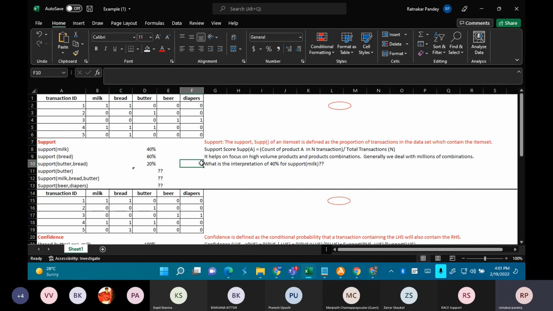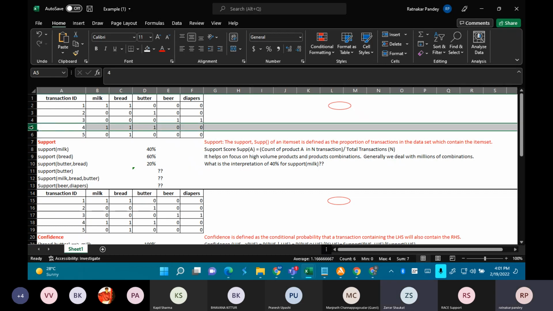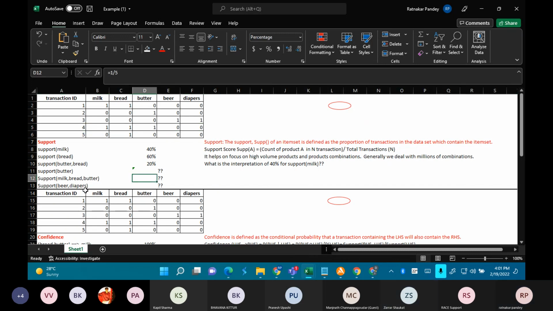Support for milk, bread and butter? 20%, where all 3 of them were bought together. Support for beer and diaper?